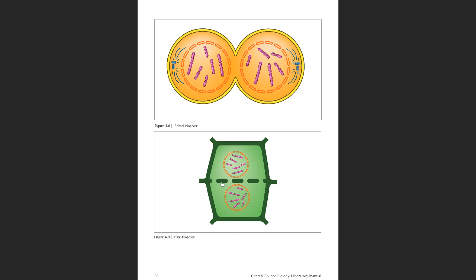The Golgi apparatus will secrete some vesicles over here to form a new cell wall. And once the cell wall is formed, it will separate the 2 cells into identical cells that also have 6 chromosomes, as well as the mother cell.